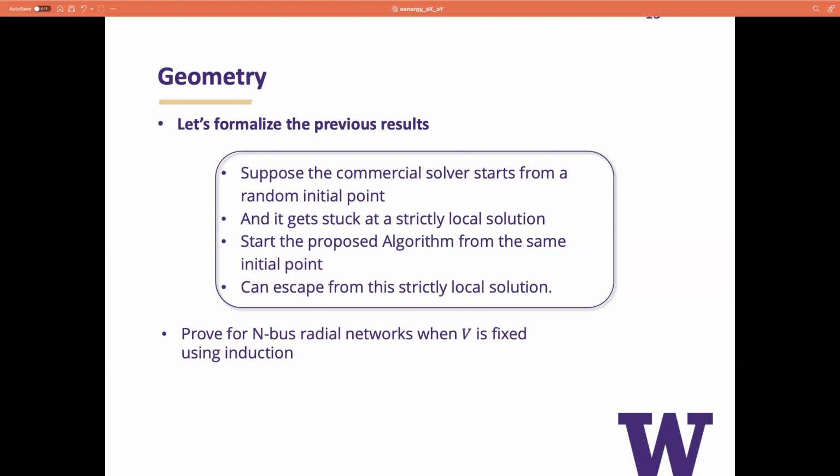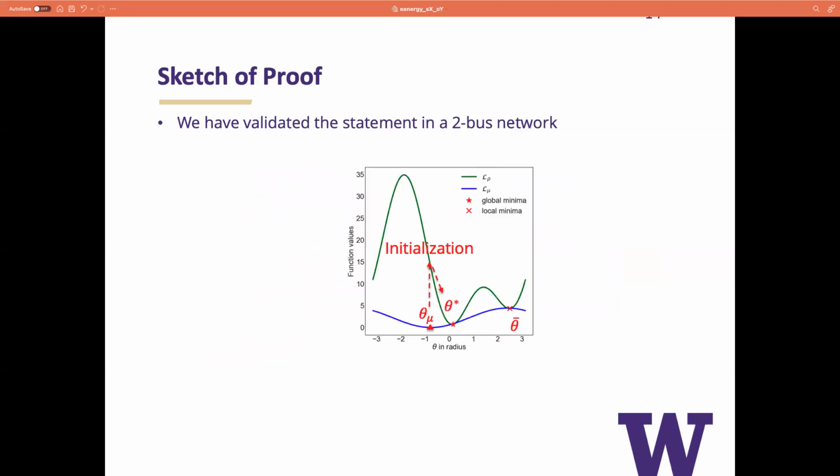Next, I'm going to prove this statement for n-bus radial networks by using induction. I'm going to assume the voltage magnitudes are fixed. For the case where we optimize both V and the phase angles, I'll talk about that later.